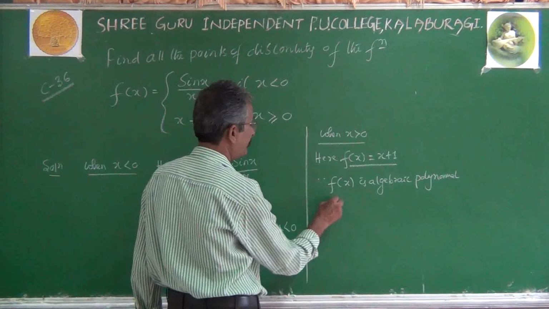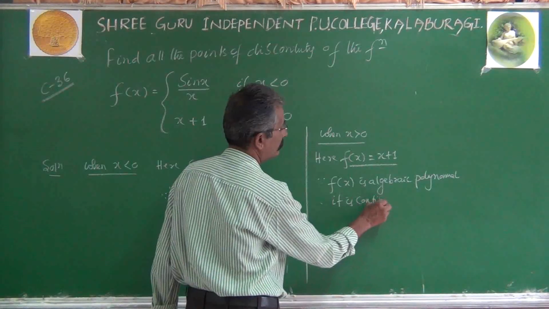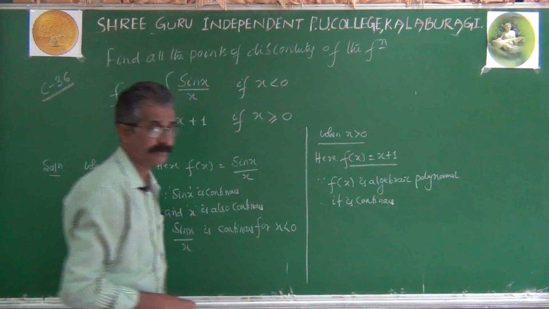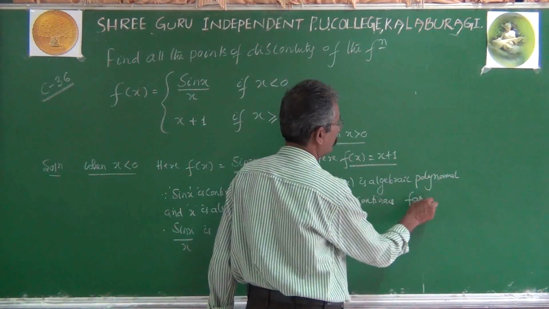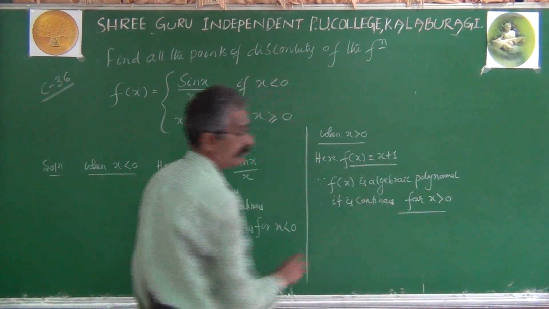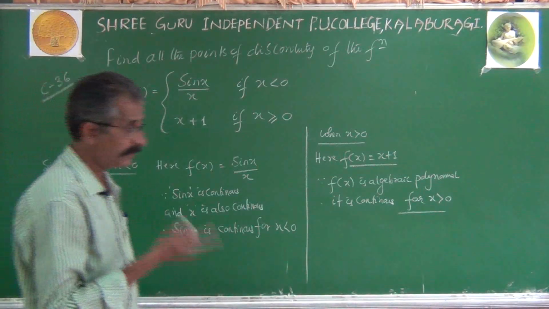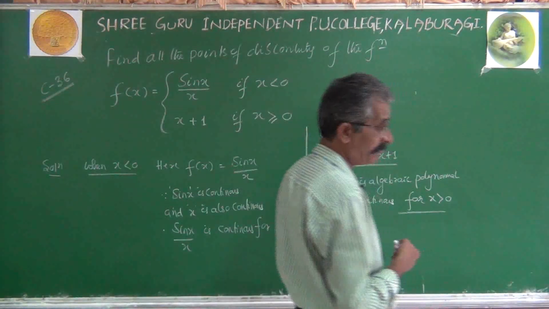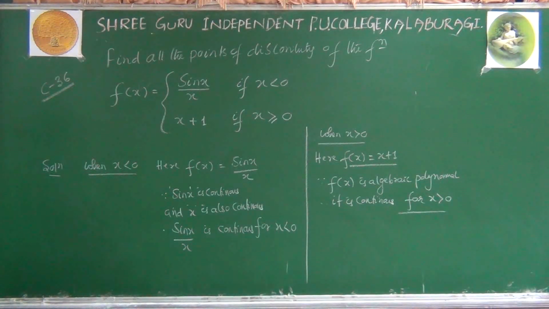Therefore, it is continuous. It means the function is continuous for x greater than 0. For x less than 0, continuous. For x greater than 0, continuous. Left is only x equal to 0. Let us see at x equal to 0 whether this function is continuous or discontinuous.